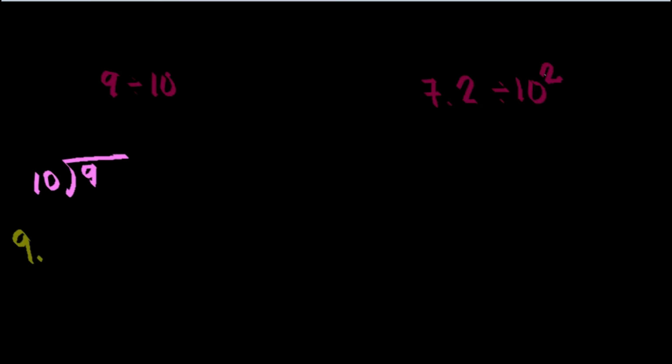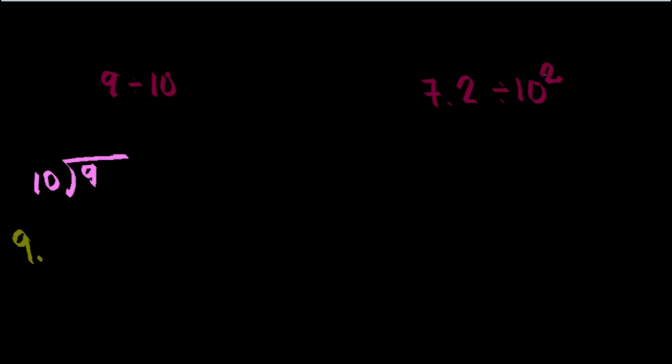So we have to think which way to move it. We know that when we multiplied, we moved them to the right to increase the value of the number. Now we're doing the opposite procedure. We are dividing, so we want to decrease the value. Therefore, we will move the decimal point to the left.